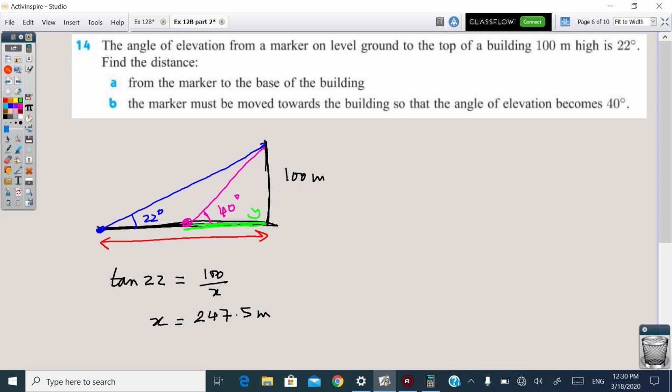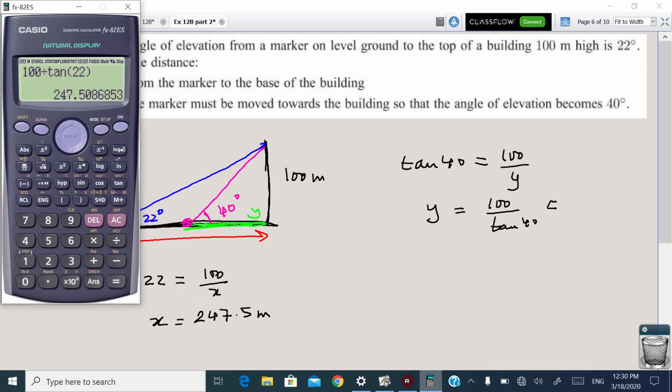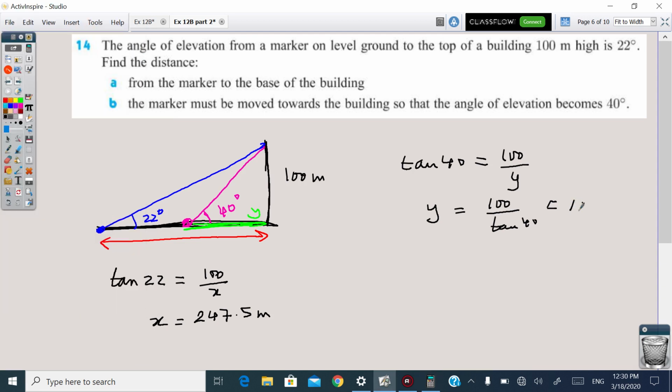And taking the smaller triangle, tan 40 is equal to 100 divided by y. This gives us y is equal to 100 over tan 40, which is approximately equal to 119.2 meters.